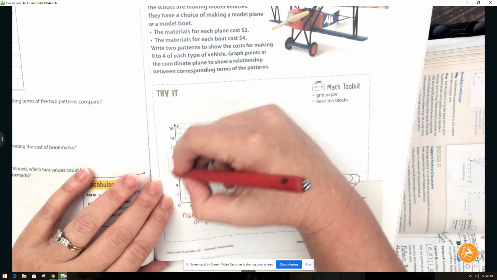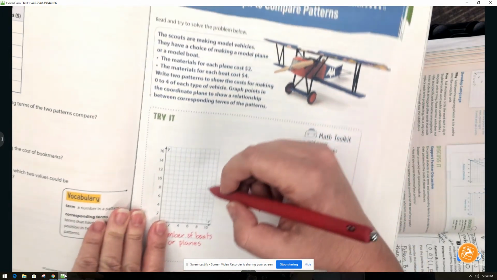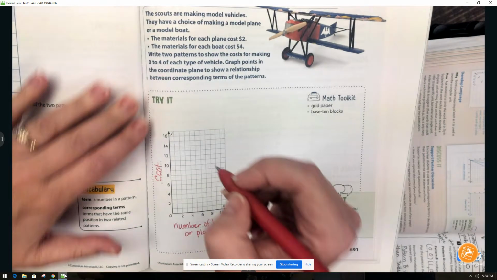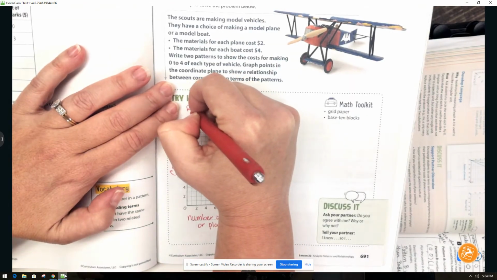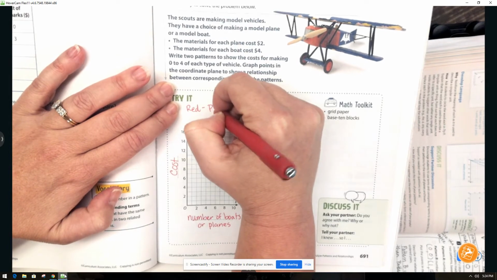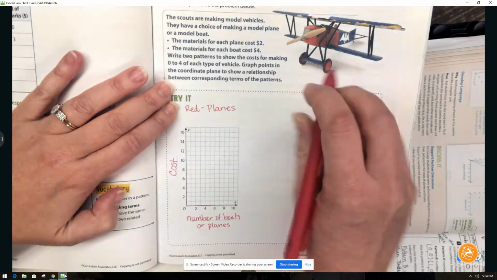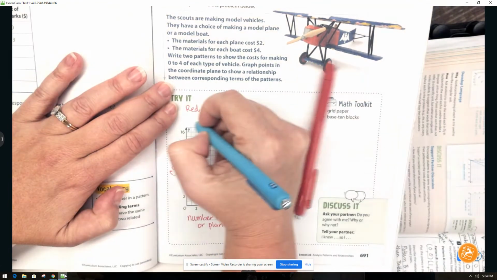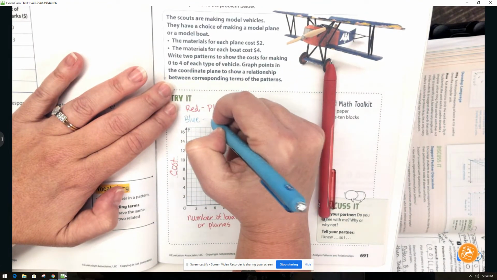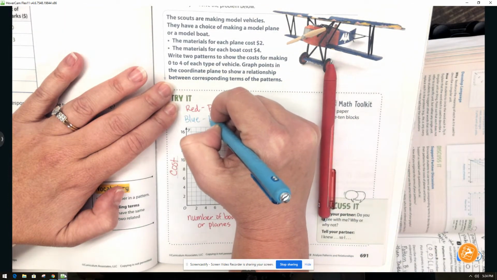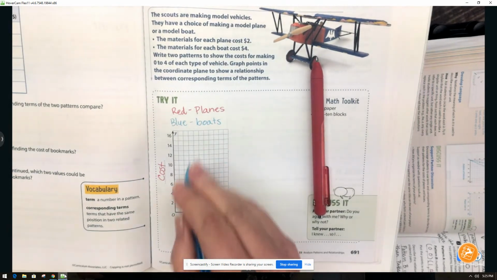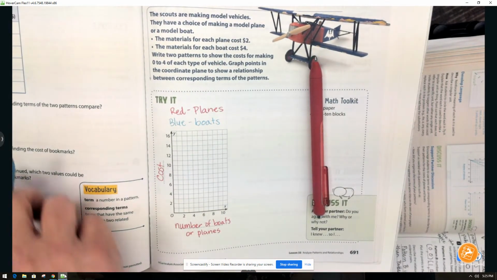Then on this side of the graph, we're going to graph how much they cost. Now, the red is going to be the planes, and then I'm going to graph the boats in blue, so that we can put both on the same graph.